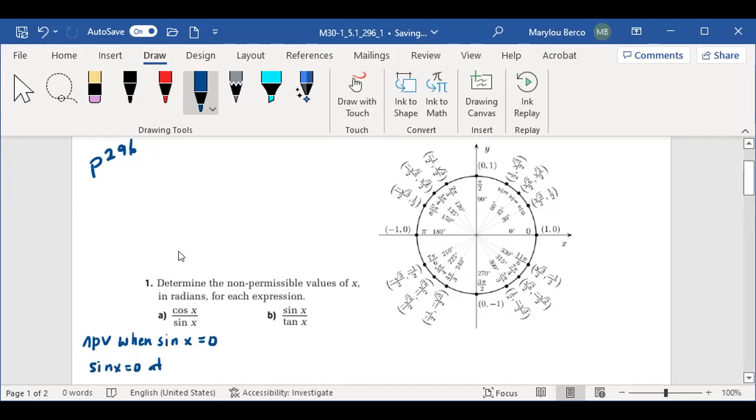For our ordered pairs here, remember it's always cosine theta, sine theta. So sine x is 0 at x equals 0, pi, 2 pi, etc.